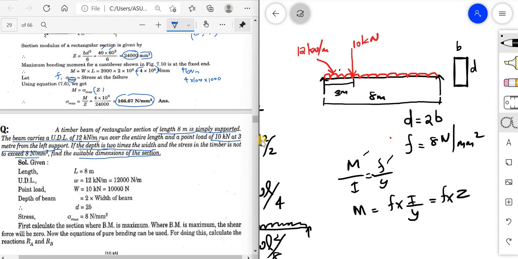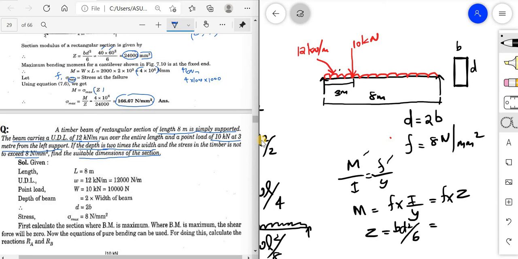That is Z. So for a rectangle section, what is Z? BD square by 6. It is found out using I is equal to BD cube by 12, Y is equal to D by 2. So simplifying, BD square by 6. From this, instead of D, I can substitute 2B.